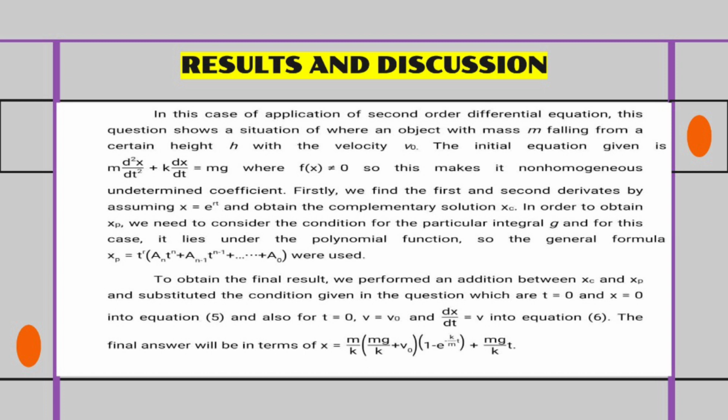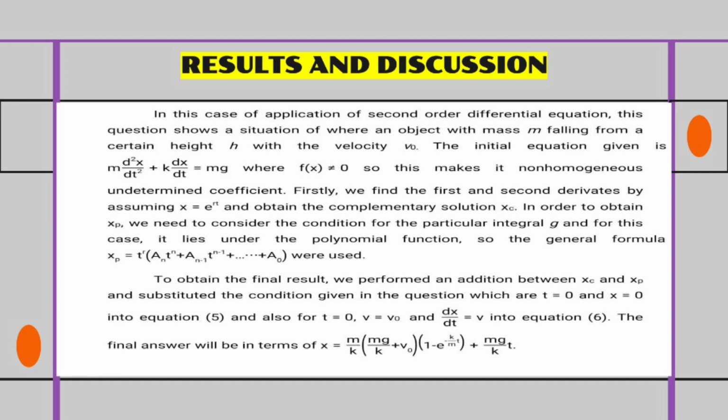Firstly, we find the first and second derivatives by assuming x equals e to the power of rt and obtain the general solution xc. In order to obtain the particular solution xp, we need to consider the condition for the particular integral, and in this case, it lies under the polynomial function, so this is the general formula to obtain xp.